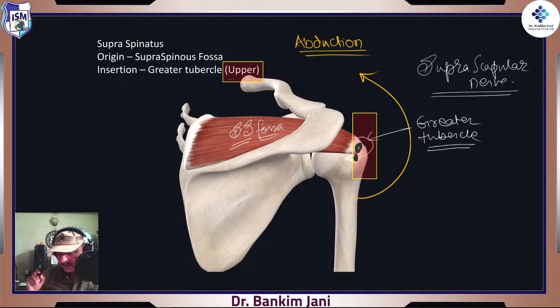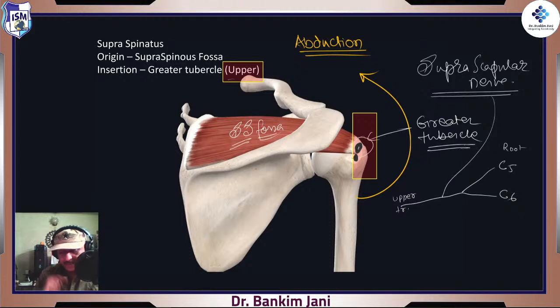Go back to our brachial plexus, C5, C6. They were like roots. These roots were forming the trunk, which was the upper trunk. This suprascapular nerve is emerging from there. Its root value is C5, C6, because there is no one else. So it will supply this supraspinatus.